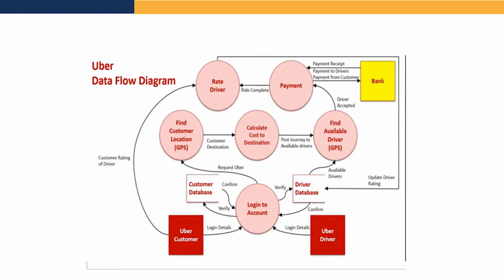If you are a driver, you are accessing a data file called the driver file. You are basically confirming, meaning you are accessing the file to see whether John 101, the driver with whatever login and password, is really one of the drivers of Uber. Yes, being verified.